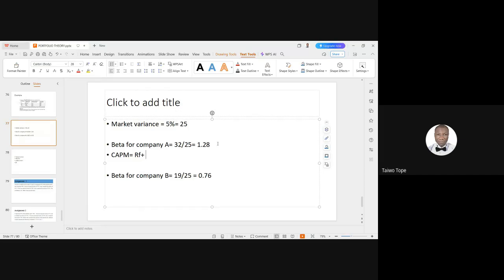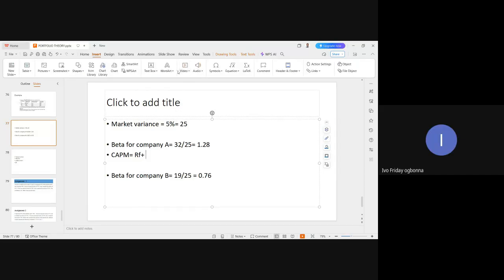RF plus beta, to the bracket of market return minus risk-free.